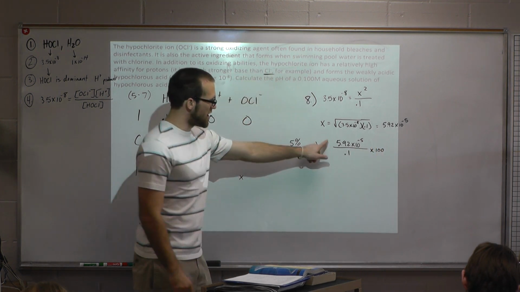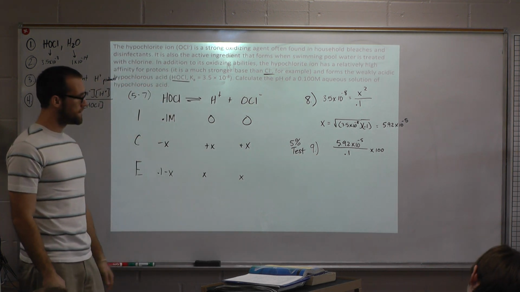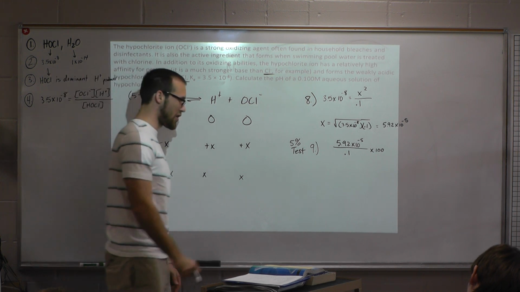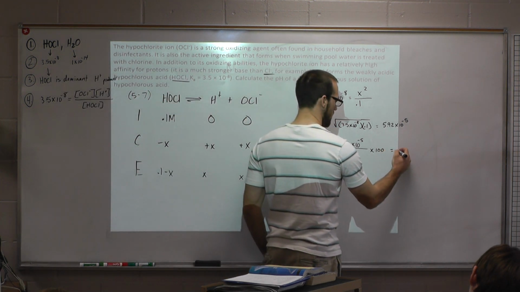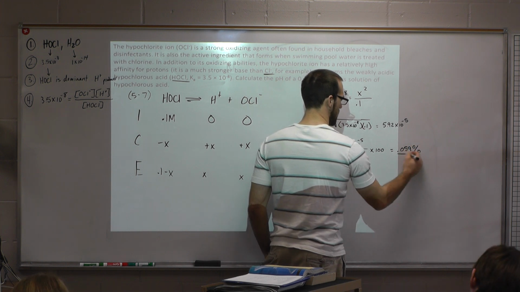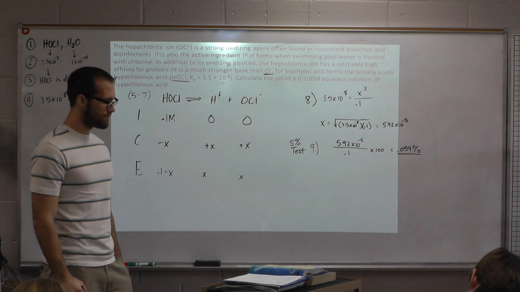Everybody understand that it's change over initial concentration of your weak acid, always? When you do that, it gives you a rather small percent. That's a small percent. We're safe?